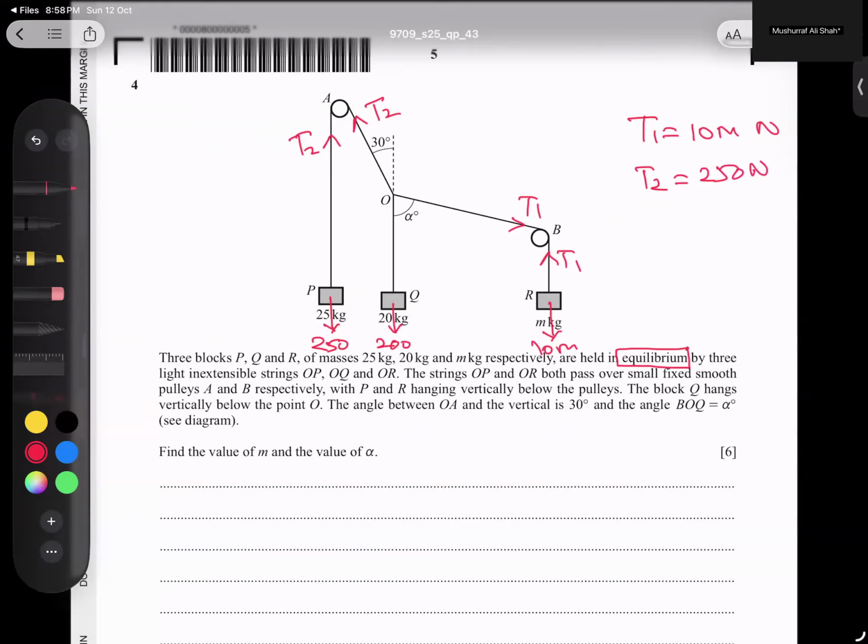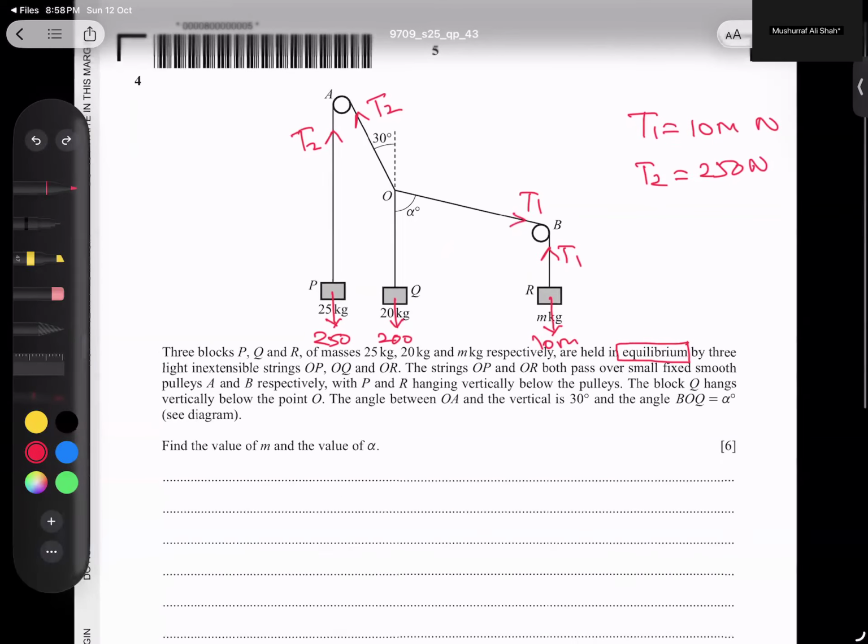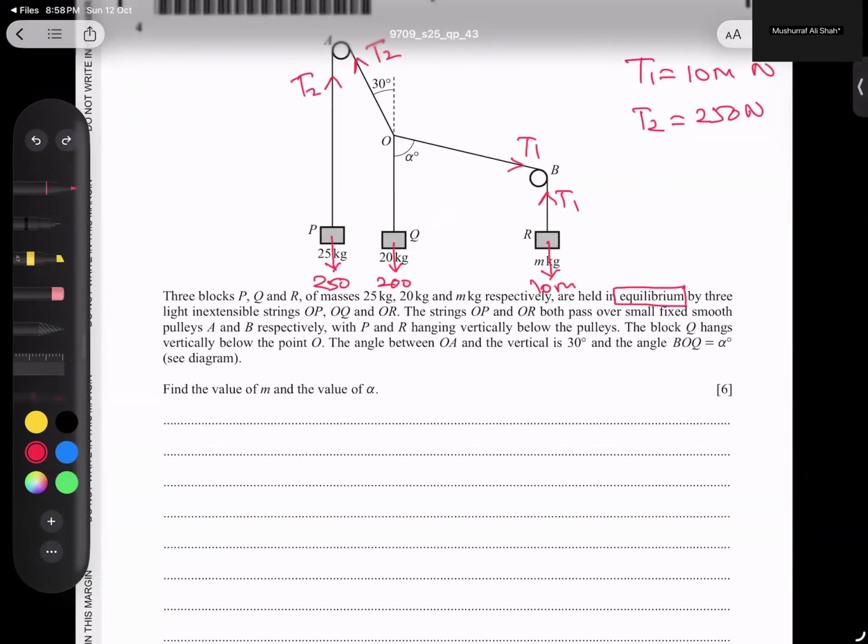Now students, nothing is left. You can see this is a particle, this is position O. So we have 3 forces acting on it. I'm going to make a diagram here. Very important: tension 1, and tension 1 I replace by 10M, this is downwards.